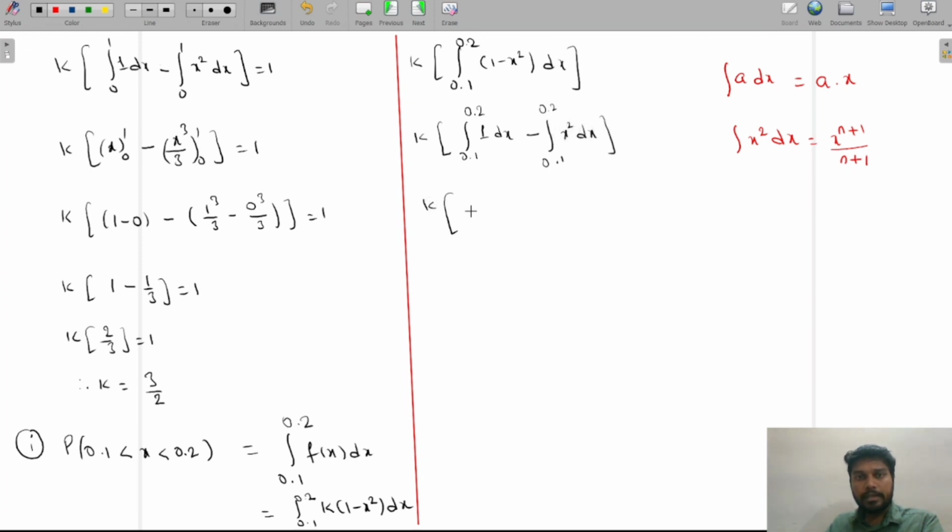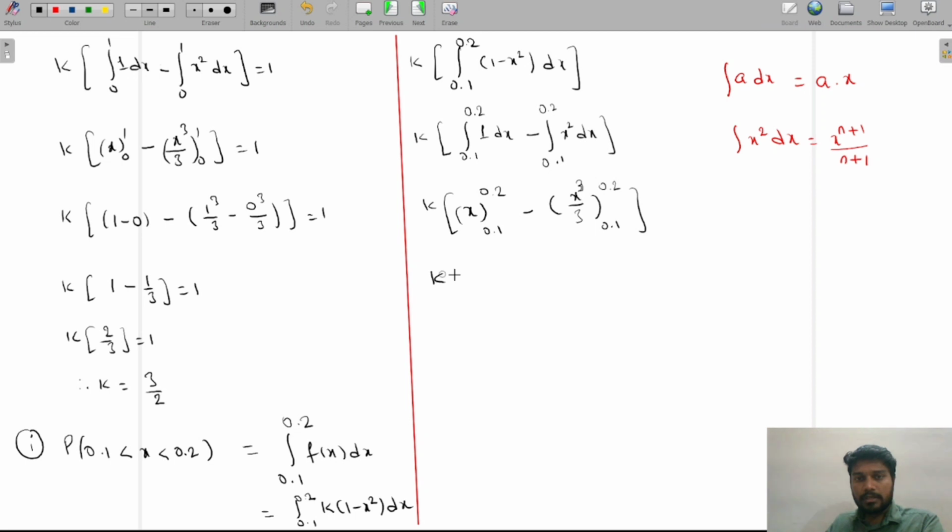Now the integration of 1 dx is x, and the limits are 0.1 to 0.2, minus the integration of x squared, which from this formula is x to the power 3 by 3, and the limits are 0.1 to 0.2, bracket close.